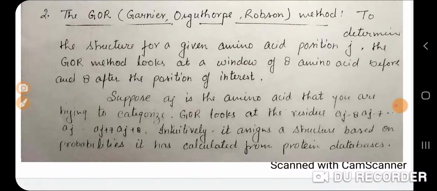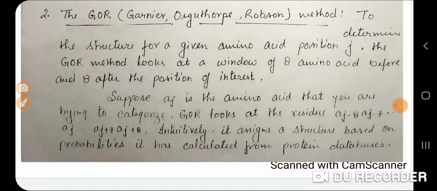You just slide the window and start noting the structure of the amino acid which is present in the ninth position of the window. These scientists coined the propensity. What they said is, if there is MALEK, you can understand it like this: whenever these amino acids come, M is methionine, A is alanine, L is leucine, and so on, it means it is alpha helix.